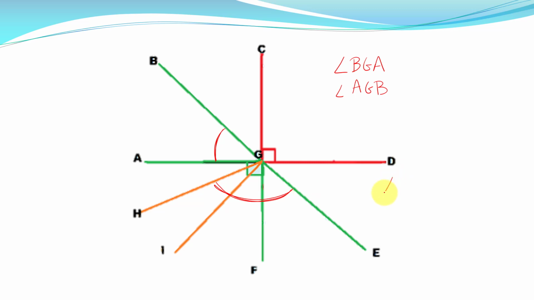Okay, that would be angle HGE. So we're starting with H, we're going to G, and then back down to E. Or you could also say EGH. But the important thing, on any angle that you name in this picture, G would have to be the middle letter, because you use the vertex of any of these angles.